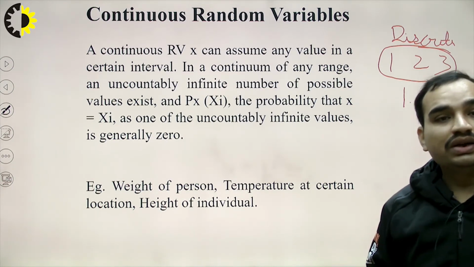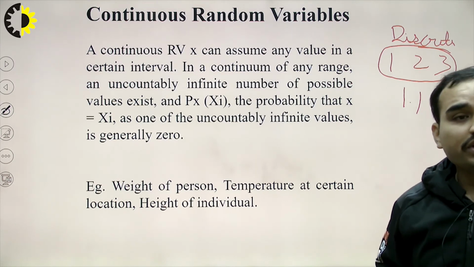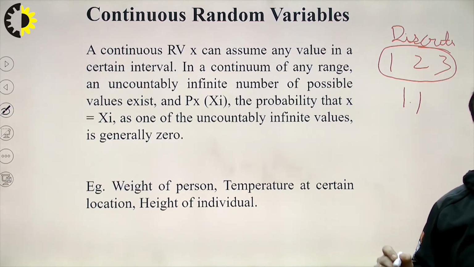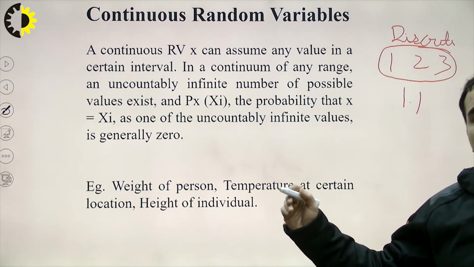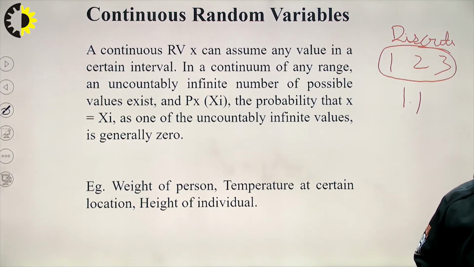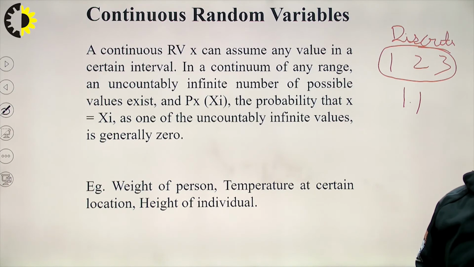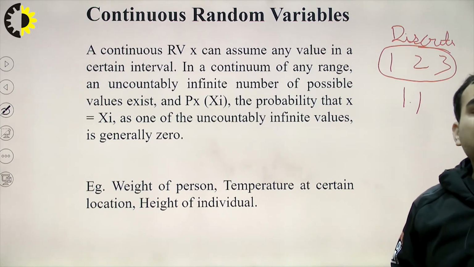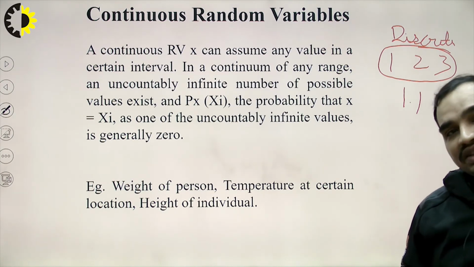So in a continuous range, an uncountably infinite number of possible values exists. So we have an infinite number of possible values, and the probability for a continuous random variable x taking any one of the uncountably infinite values is generally 0.